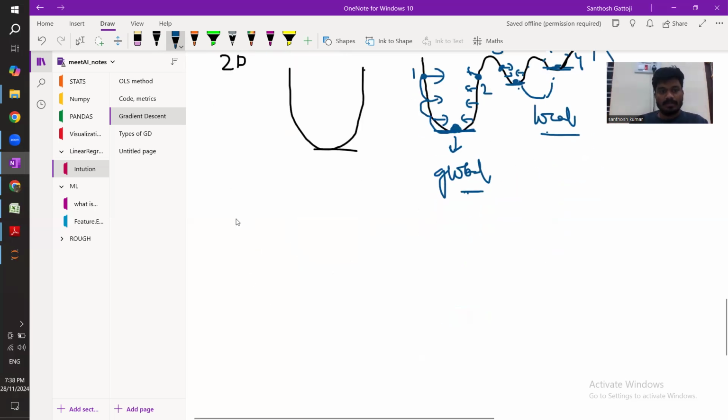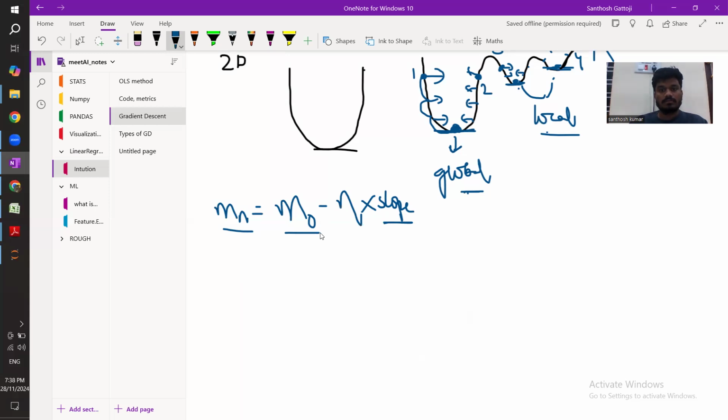So if you see, m new equals m old minus learning rate into slope. Now if the slope is almost the same, then m new will be m old, correct?